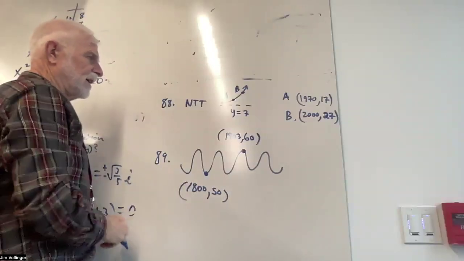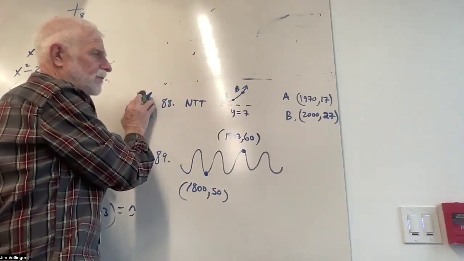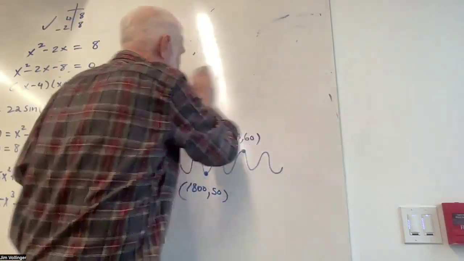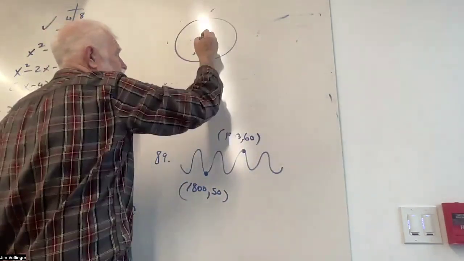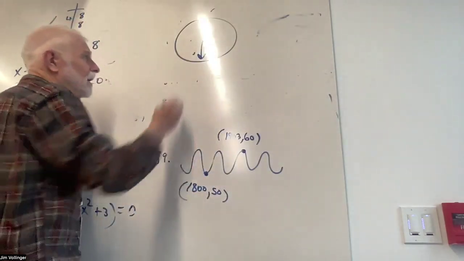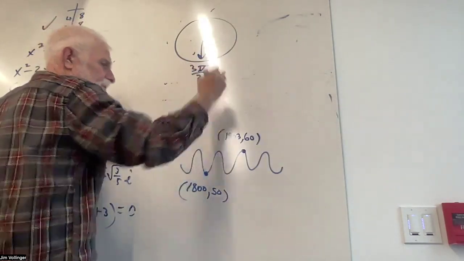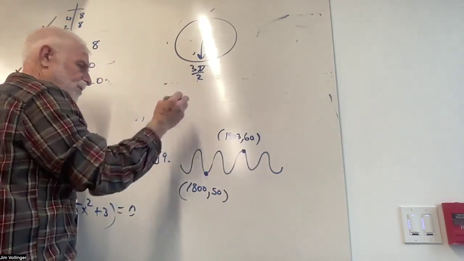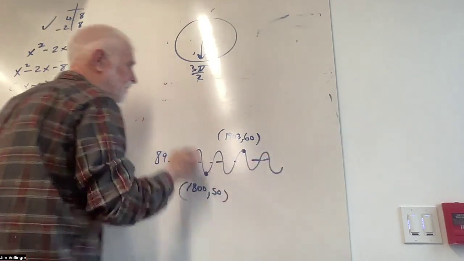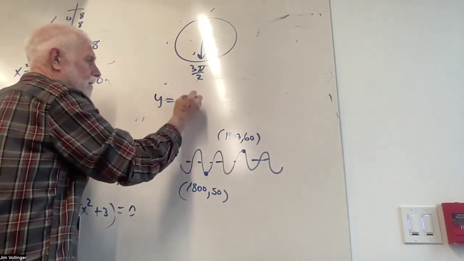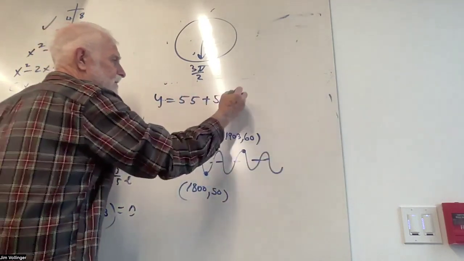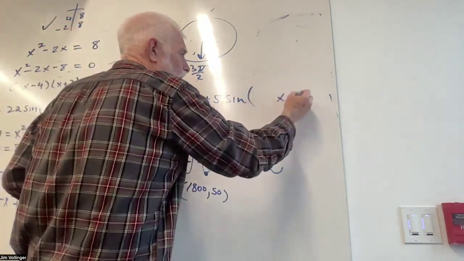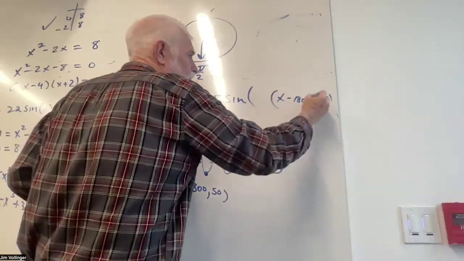Name that tune. Well, I'm going to do it as a sine function still. Could do it as a cosine, a negative cosine, but let's do it as a sine function. So when is the sine function negative or minimum? At 3 pi over 2, which is what I'm spotting. Okay, so therefore, this function becomes the center line, 55, plus 5 times the sine of 1800. I want to have 1800 become 3 pi over 2.